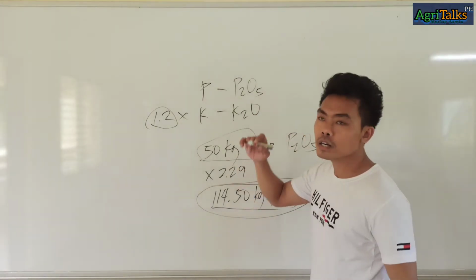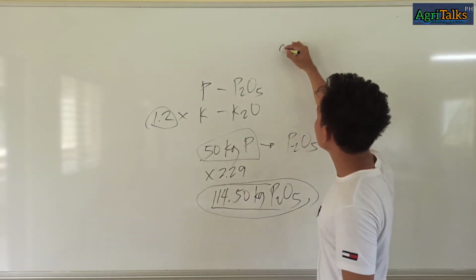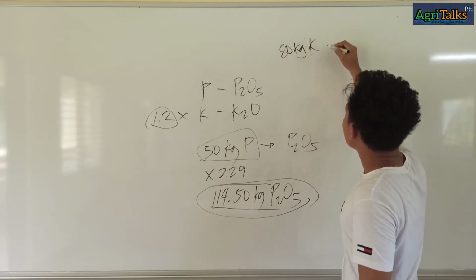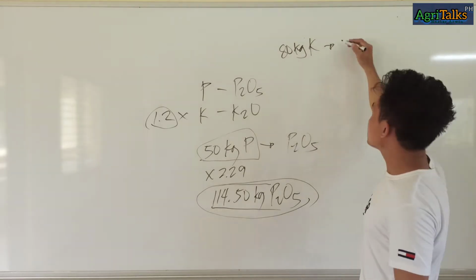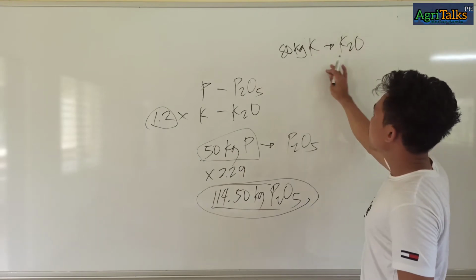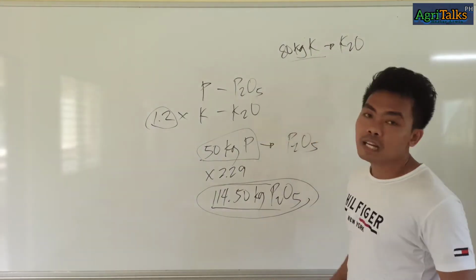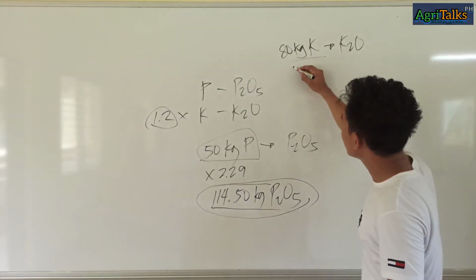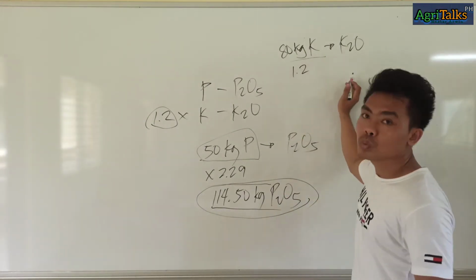When we are applying, for example, 80 kilograms of K, how much is the K2O out of this value? Okay, so we will just multiply it by 1.2.